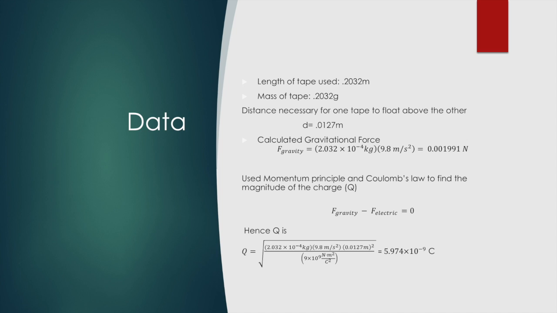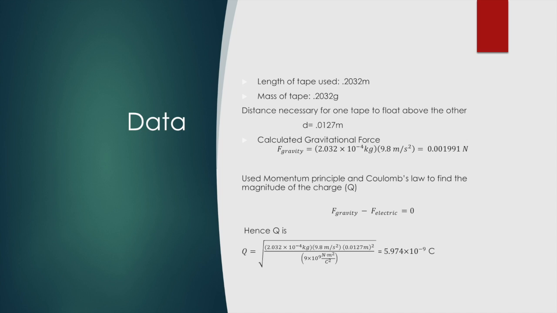Now, the first thing we had to calculate to reach our objective is the gravitational force, and we know that is mass times gravity. We are given that a tape has 1 gram per meter, and the length of tape I'm using is 0.2032 meters.